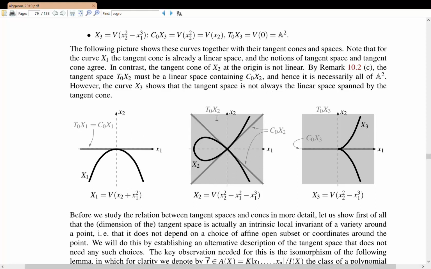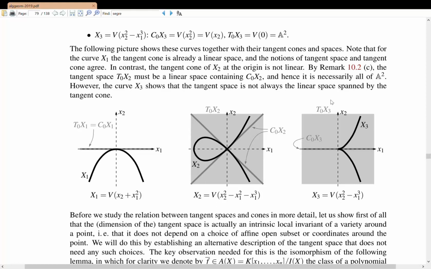We know that the tangent space is a vector space and the tangent cone is contained in it. So from that already, we know that the tangent space has to be the whole space. If you look at here, this generator has no linear term, or rather the linear term is 0. So according to our definition, the tangent space should be the vanishing locus of 0, which is everything. So that's what we get here.